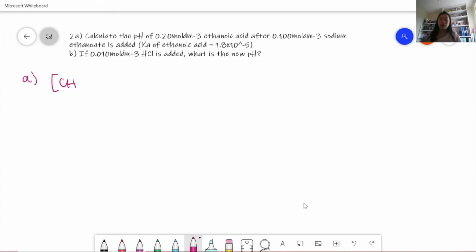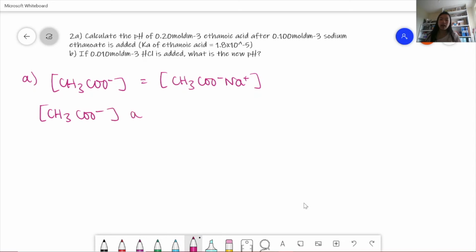So the concentration of ethanoate added is actually equal to the concentration of sodium ethanoate added. And this is because every sodium ethanoate has one ethanoate ion. And so we know that the concentration of sodium ethanoate added is equal to this 0.100 moles per decimeters cubed.